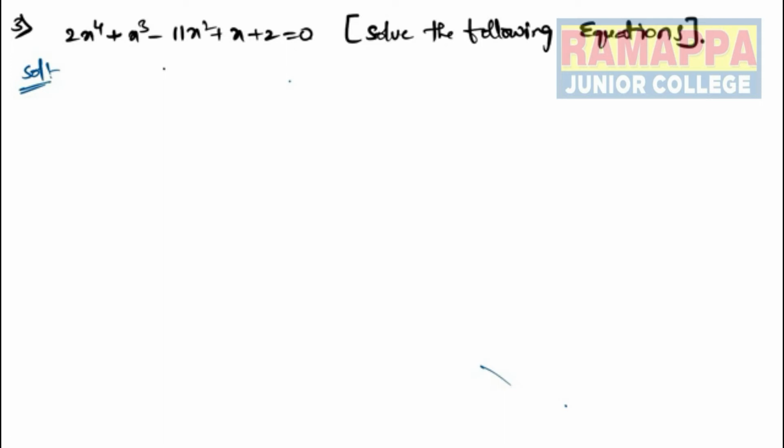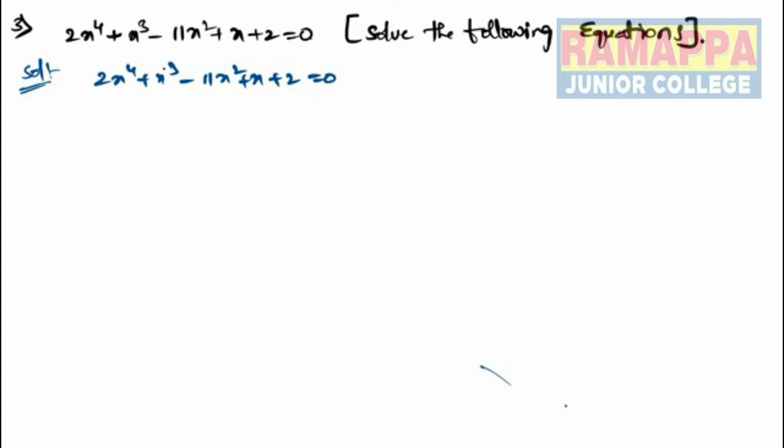So the given question is 2x to the power of 4 plus x cube minus 11x square plus x plus 2 is equal to 0. So I divide this equation by x square.